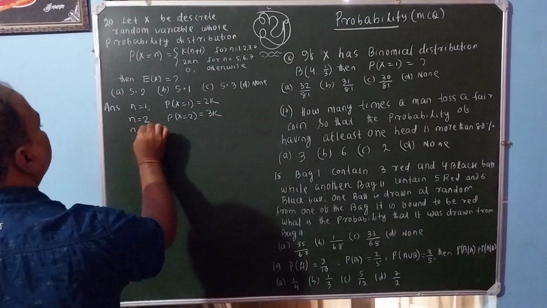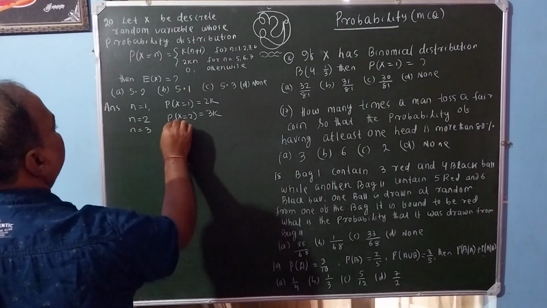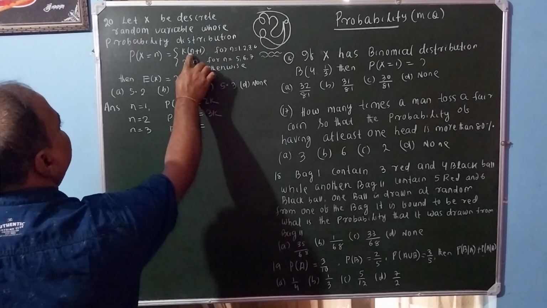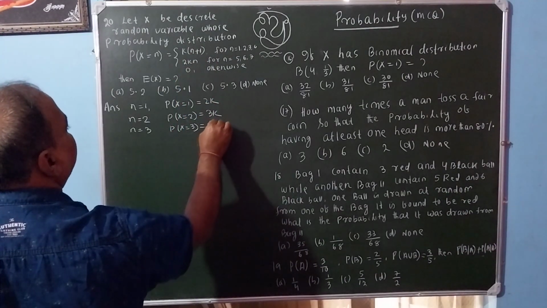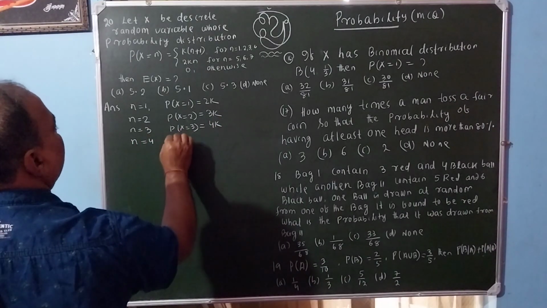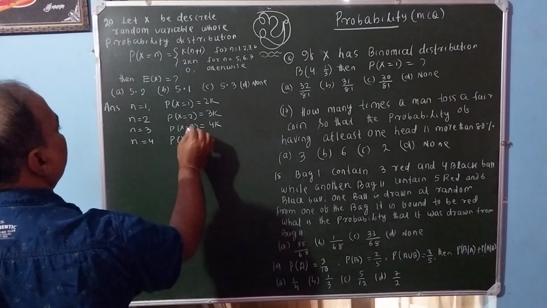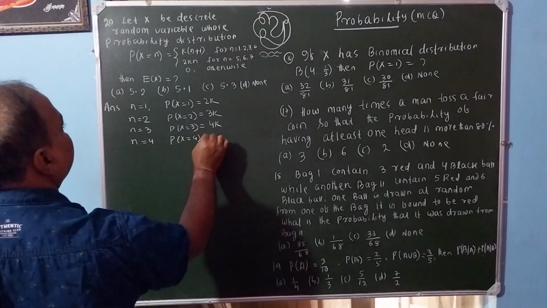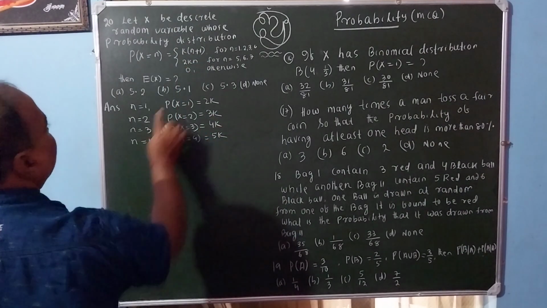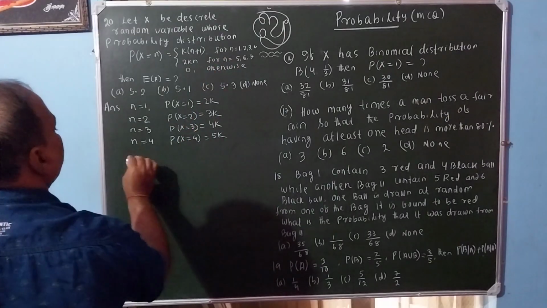For n equal to 3, probability of X equal to 3 is 3 plus 1, 4k. For n equal to 4, probability of X equal to 4 is 4 plus 1, it is 5k.